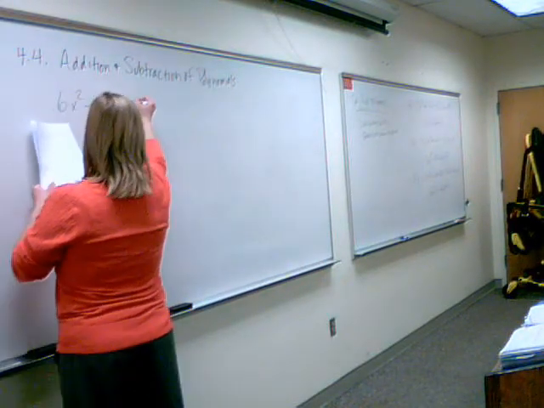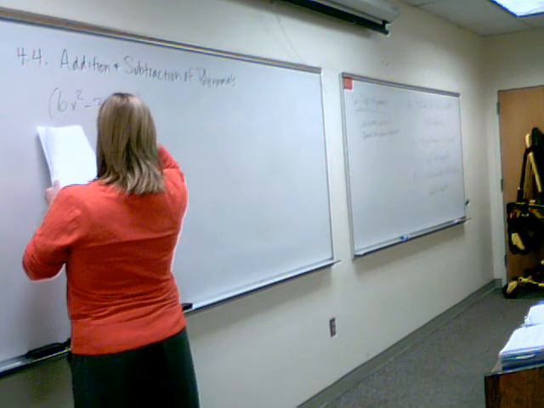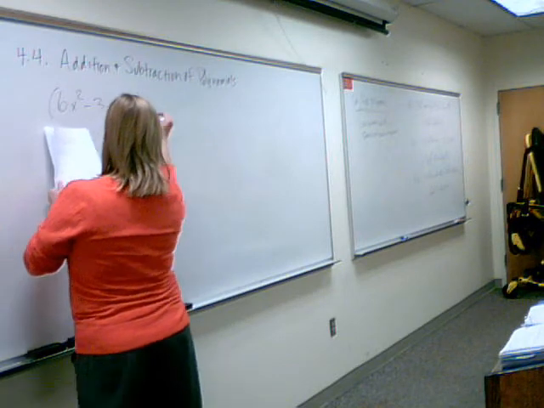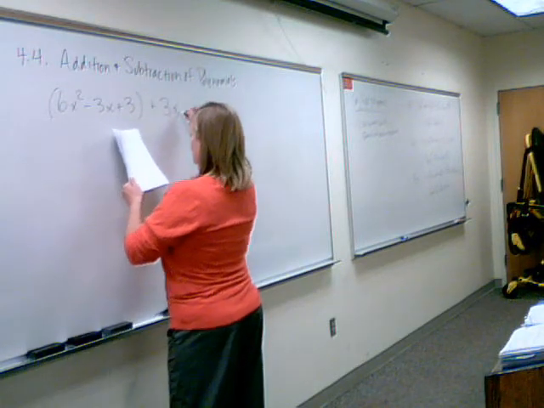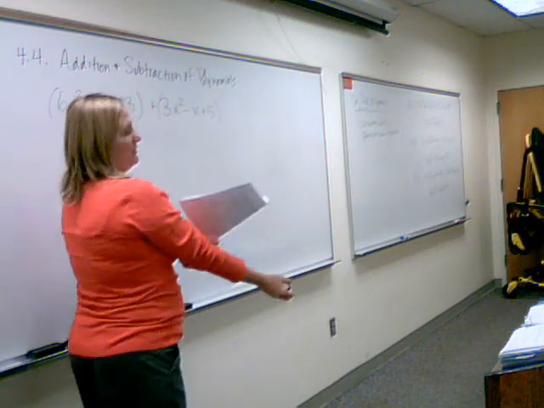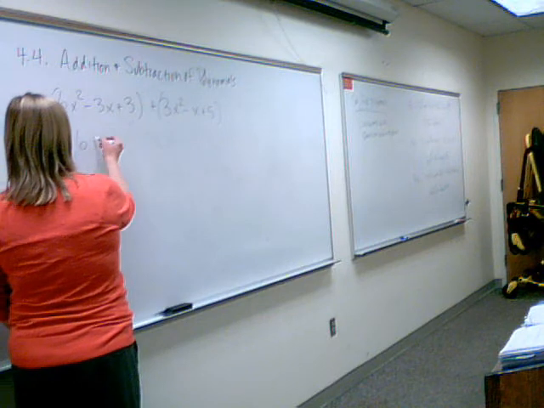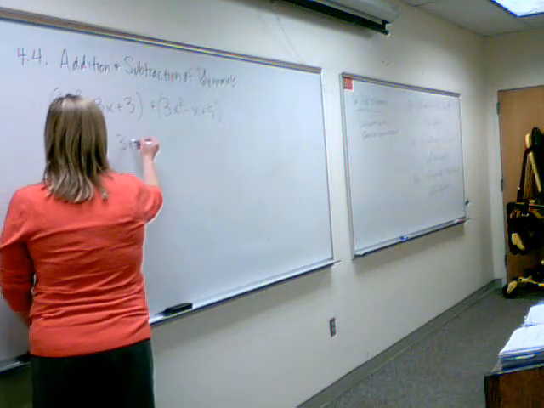If I were given this and asked to add these, but they want you to do it in columns or vertically, all they're saying is line them up by term.